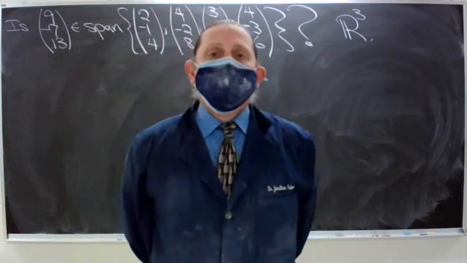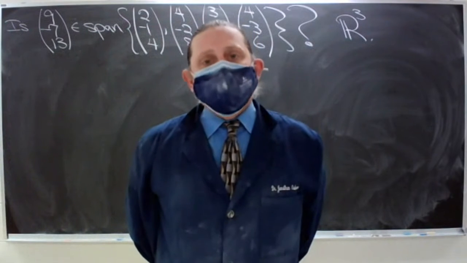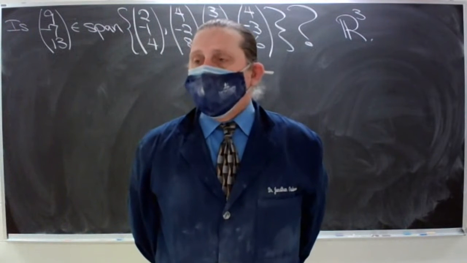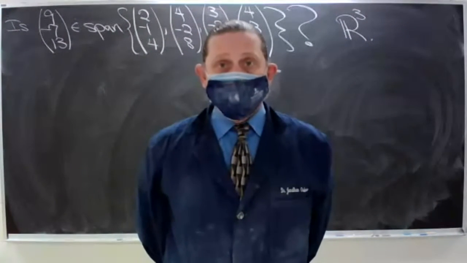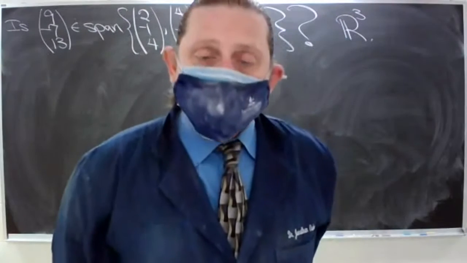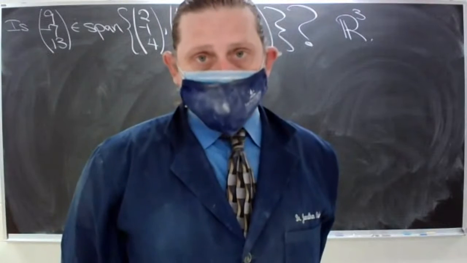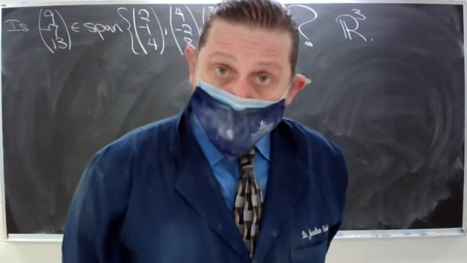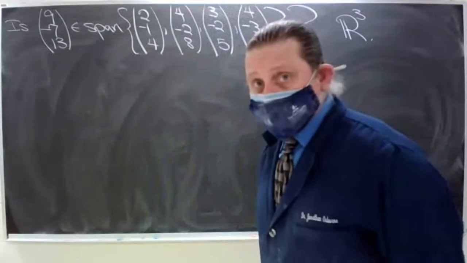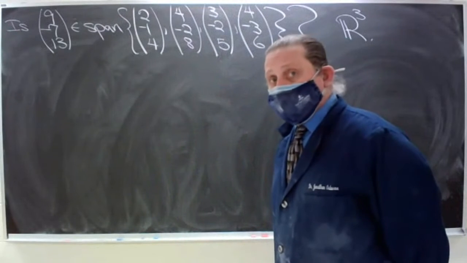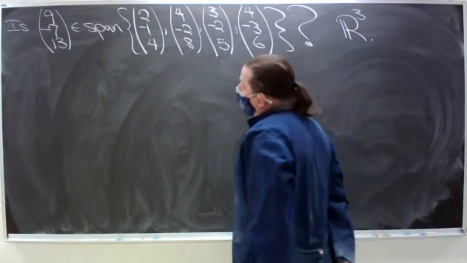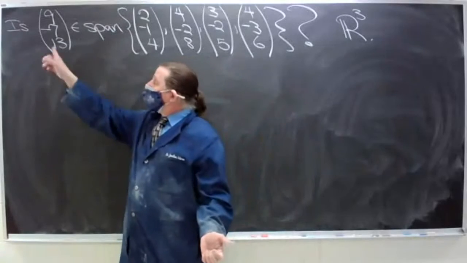It might not contain some elements of R3. It's definitely a vector space, but it might be a subspace of R3 rather than all of R3. If it was all of R3, then this question would be easy to answer.